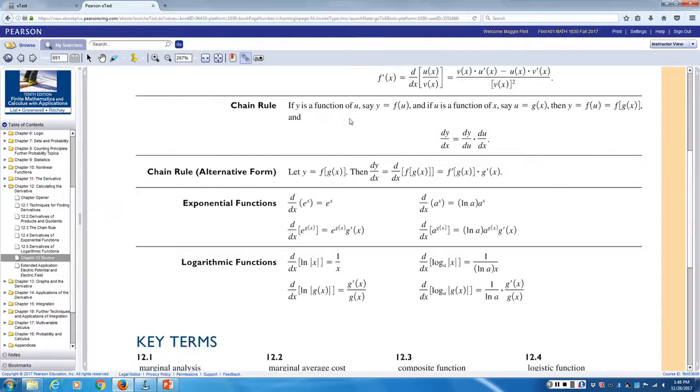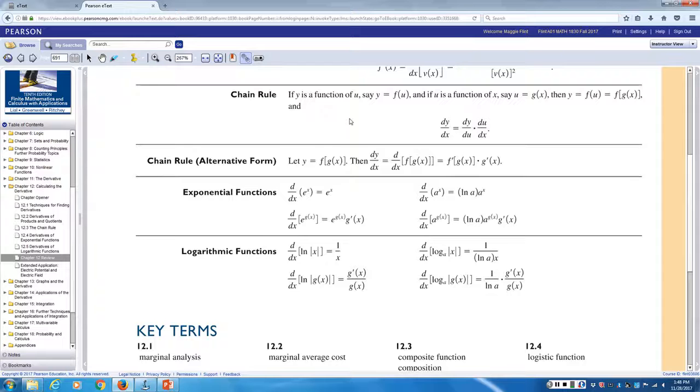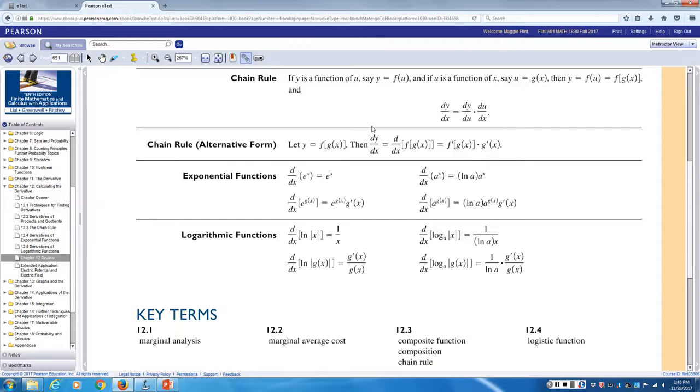Okay, so here's the rules. And we've already said we can't use the power rule, so it's got to be something else. Which one of those functions that you see there has a derivative of 1 over x? The natural log function. This one right here.